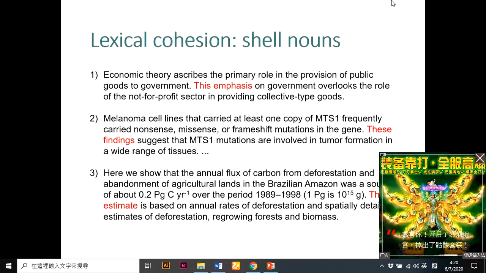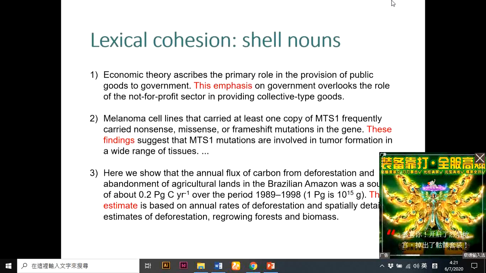Here are three examples. The first example uses a verb phrase to describe economic theory. Economic theory ascribes the primary role in the provision of public goods to government. And it continues with a shell noun.